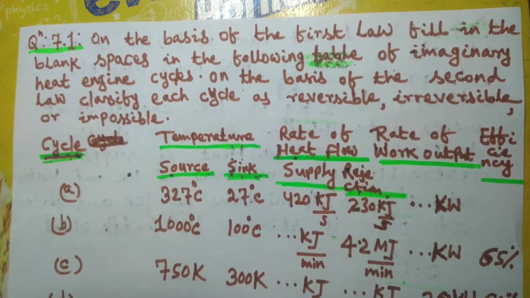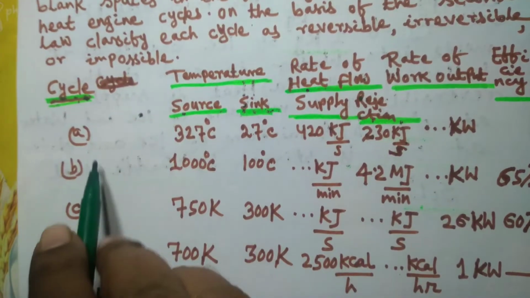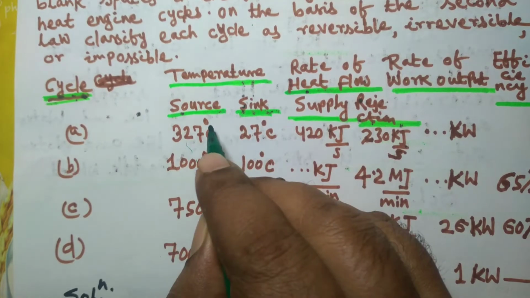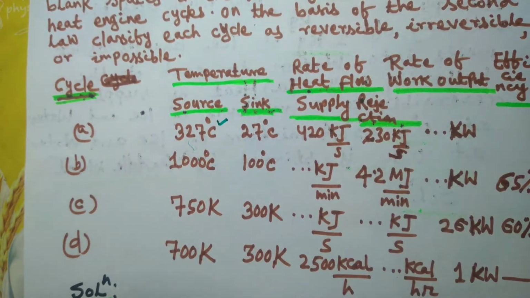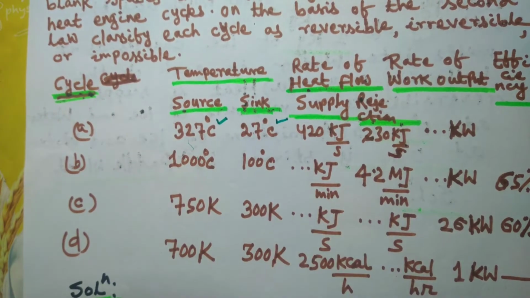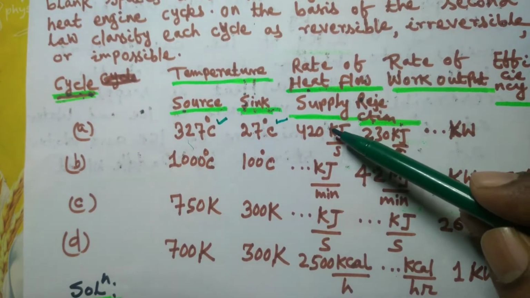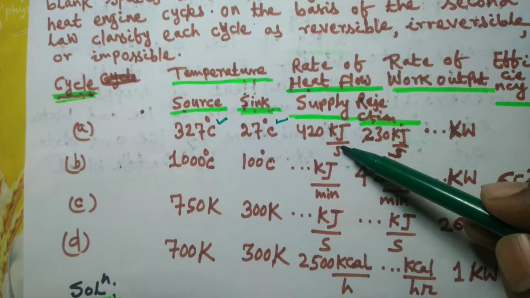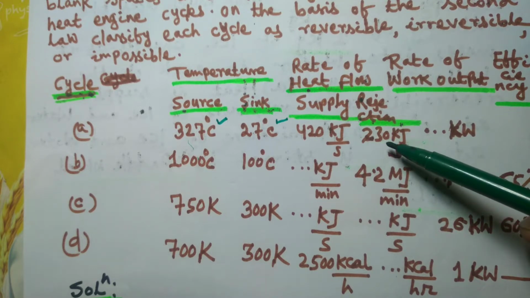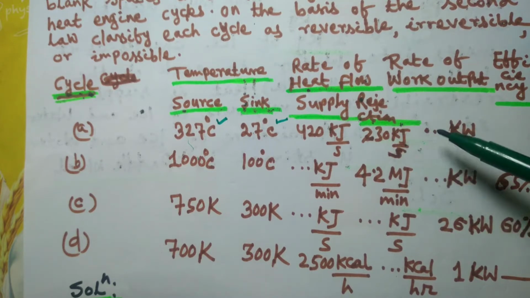Let's get started. You see, the first one is cycle A, where the source temperature is 327 degrees Celsius and the sink temperature is 27 degrees Celsius. Heat supplied to this heat engine is 420 kilojoule per second and heat rejected to the sink is 230 kilojoule per second.